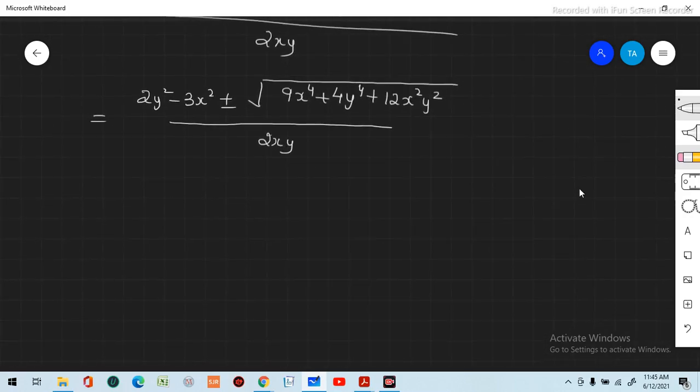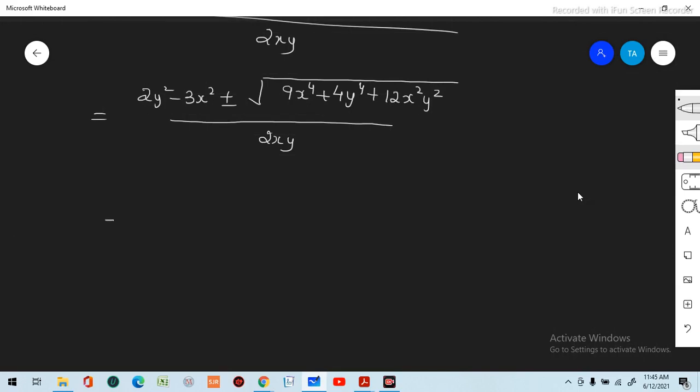Now how do we write next? 2y square minus 3x square as it is, we cannot change anything there. In the square root, what can be done? 3x square plus 2y square whole square. Plus, plus should be there, right? Then we check by expanding whether the previous step comes.